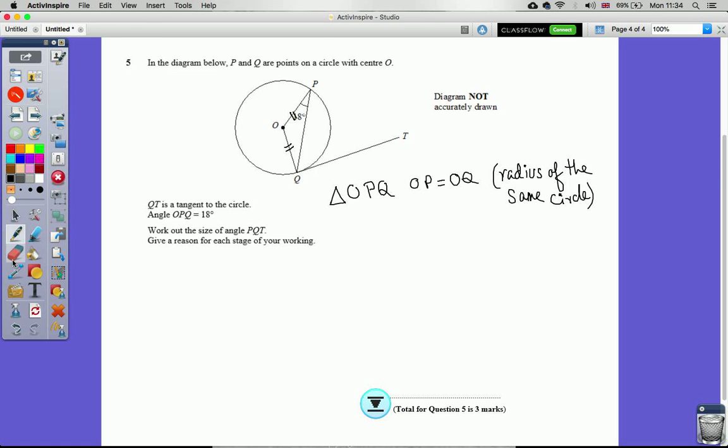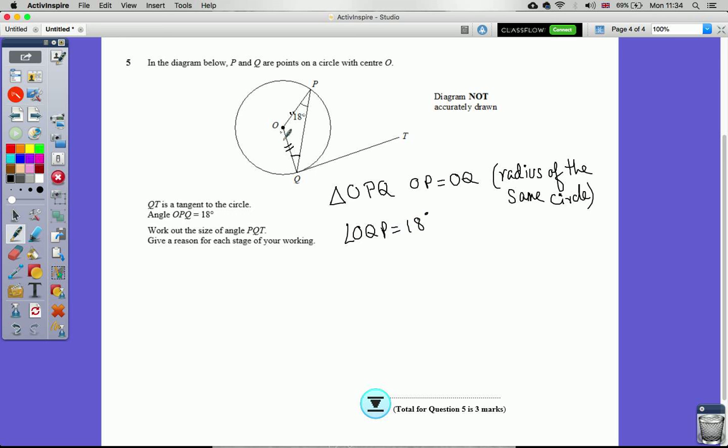Therefore, angle OPQ is 18 degrees. Then angle OQP will also be 18 degrees. This is an isosceles triangle. So therefore, angle OQP is 18 degrees. Isosceles triangle.